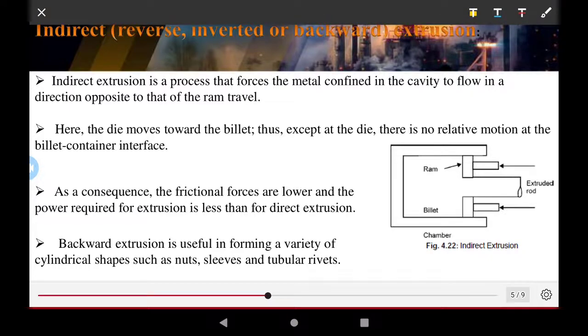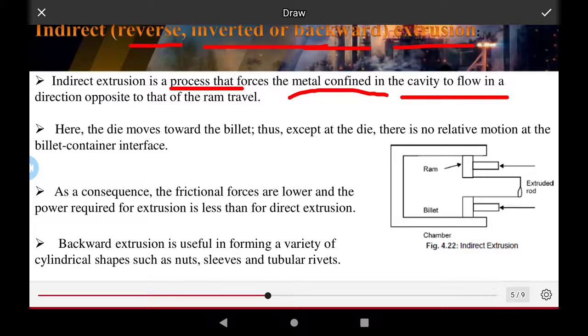Indirect, reverse, or backward extrusion. Indirect extrusion is the process that forces the metal to flow in the direction opposite to the ram travel. Here the die moves toward the billet, and the metal exits through the die.